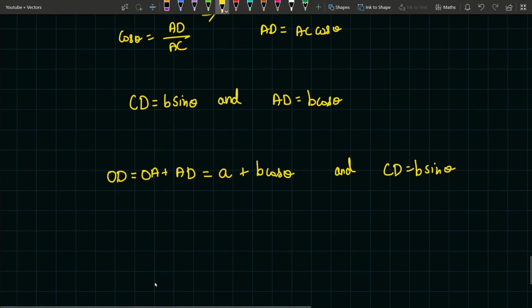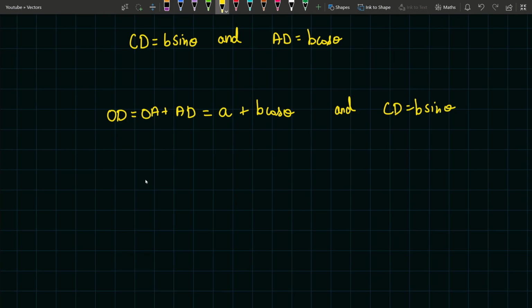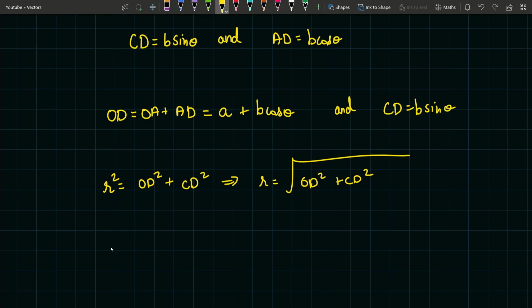Now let us proceed to finding the value of OC, that is the R vector. R square equals OD square plus CD square. That implies R equals root of OD square plus CD square. What is OD? OD is A plus B cos theta.